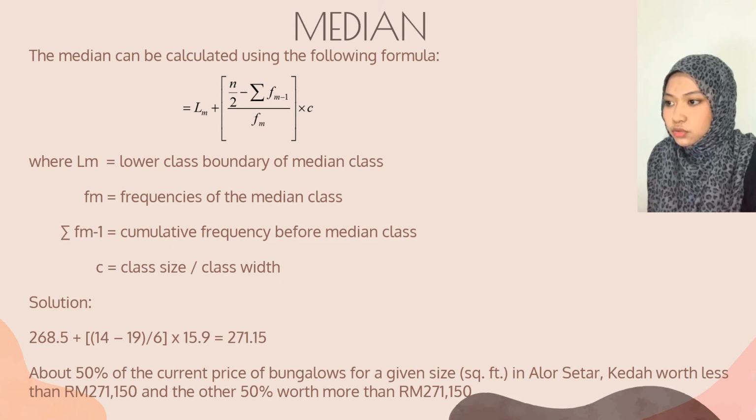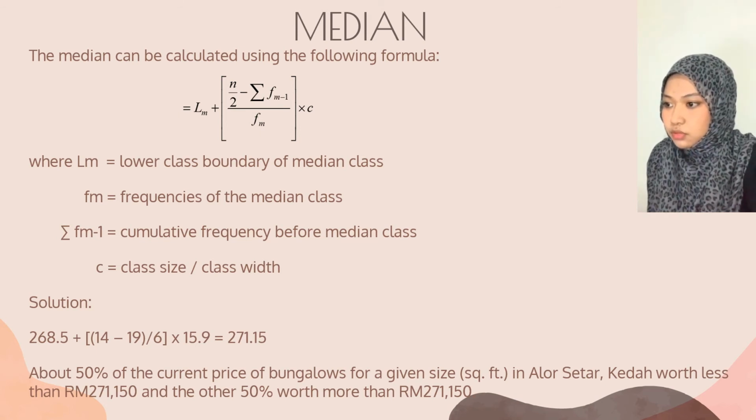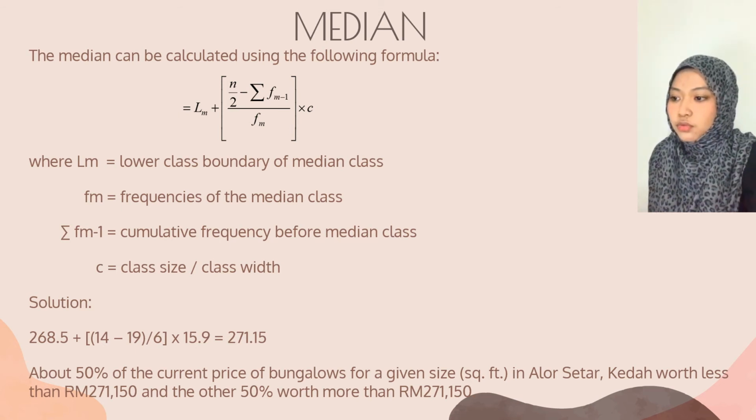After solving the bracket, multiply with the class width, which is 50.9, and sum it with the lower class boundary of the median, which is 268.5. So you will get the answer 271.15.